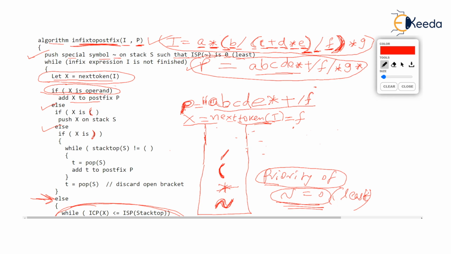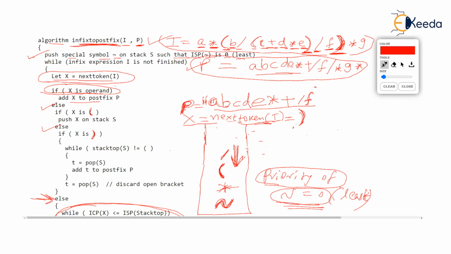Now the next symbol. Next symbol is close bracket. Observe. Next symbol is close bracket in the infix. So what will you do with close bracket? Yes, you know the case now. Whenever you get a close bracket, you pop everything from the stack up to open bracket, and whatever we have popped, simply add it to postfix and discard the open bracket which is there in the stack.